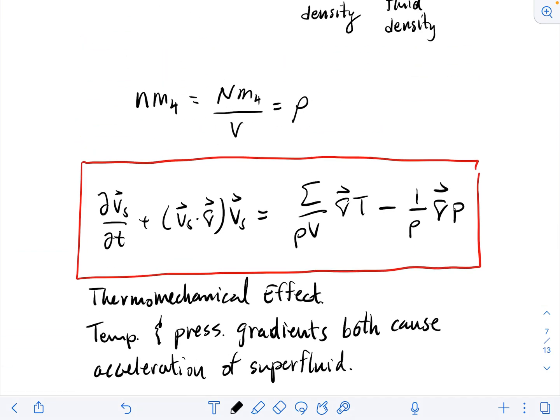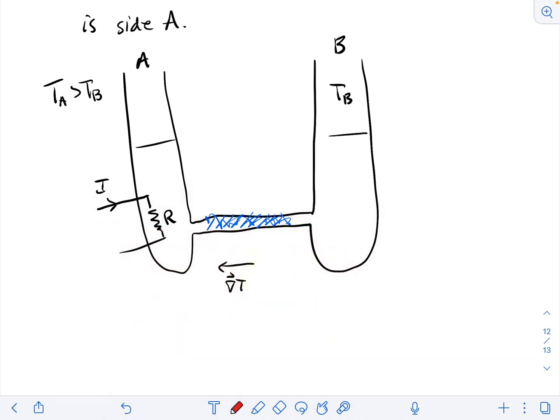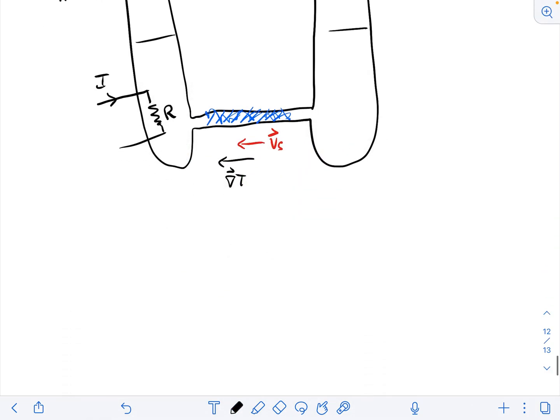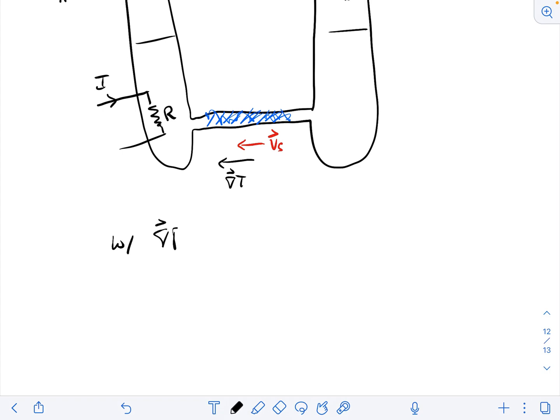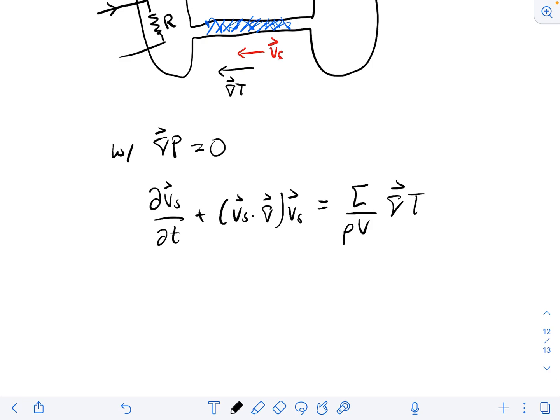And so we'll have superfluid flowing from tube B to tube A. Okay, so with the gradient of P initially equal to 0, when we apply this temperature difference, we start with an acceleration of the superfluid determined from this expression of entropy over rho v times the gradient of T. So the superfluid accelerates in the direction of the gradient of T, so towards high temperature.